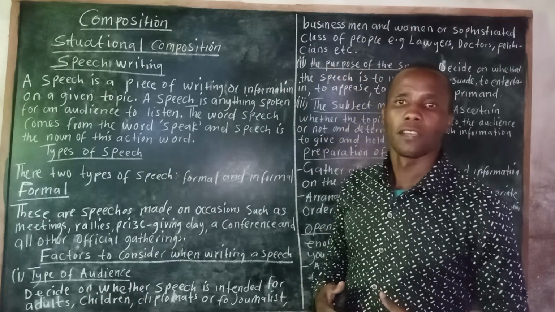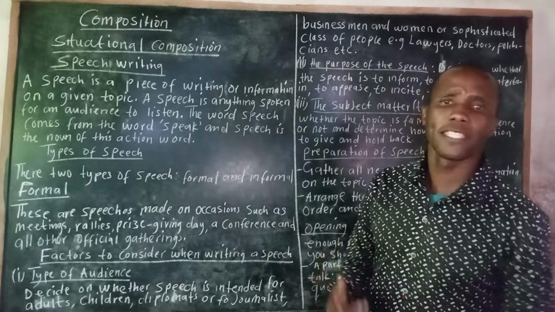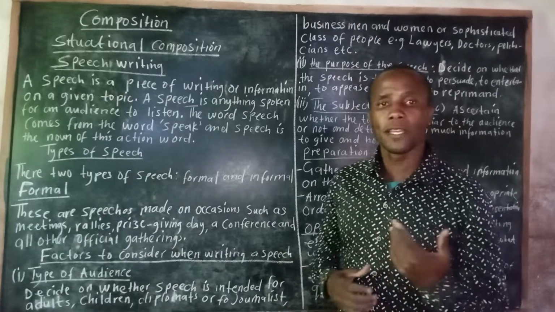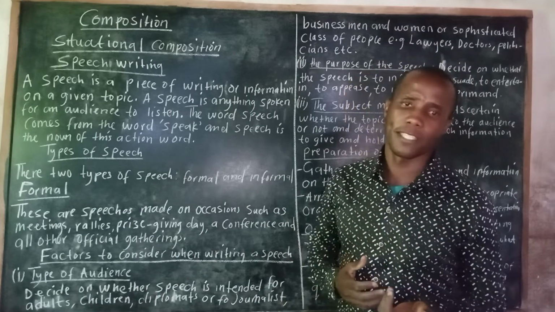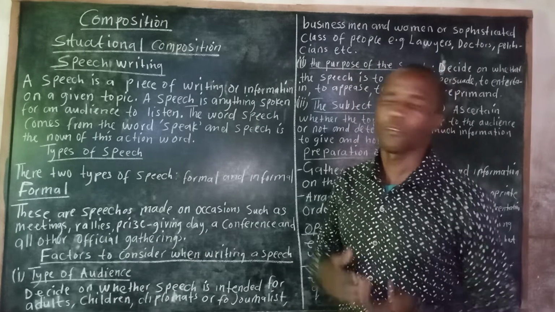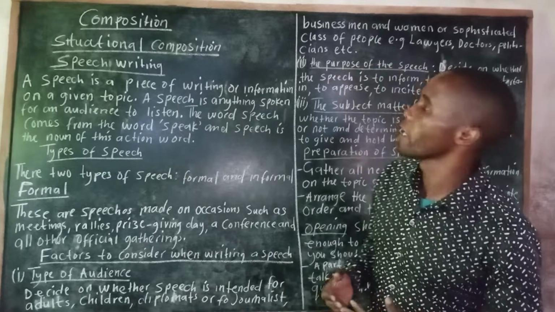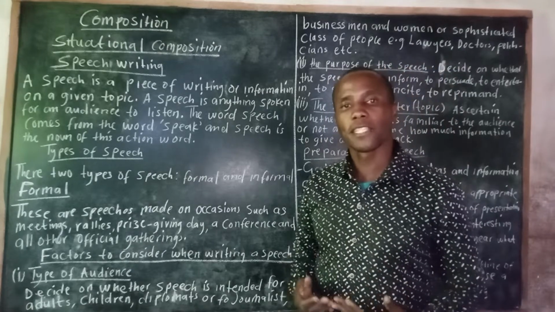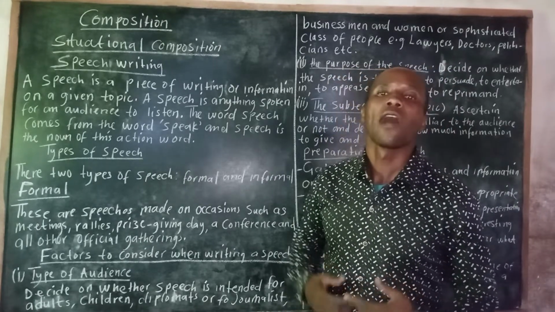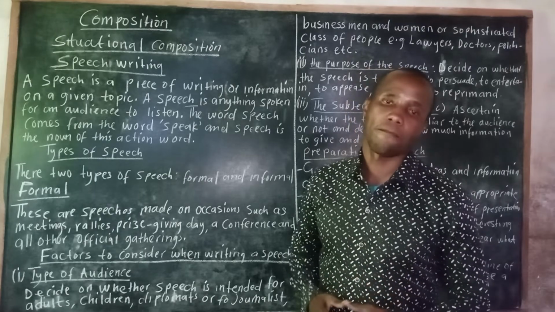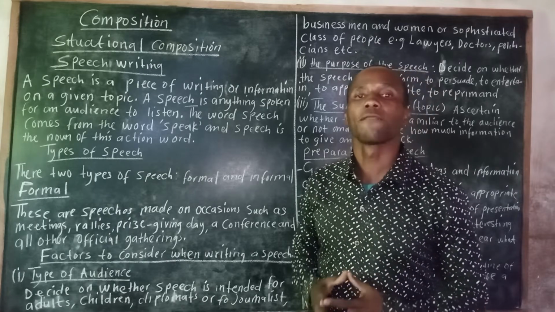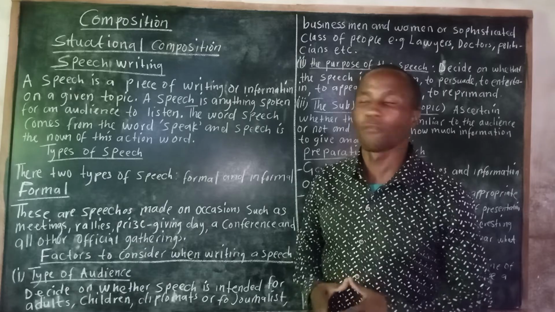Okay? What do I mean? When you are answering, you can even be using your own ideas. For example, maybe they ask you to say, can you write about what once happened in your life? That is the freestyle type of composition.